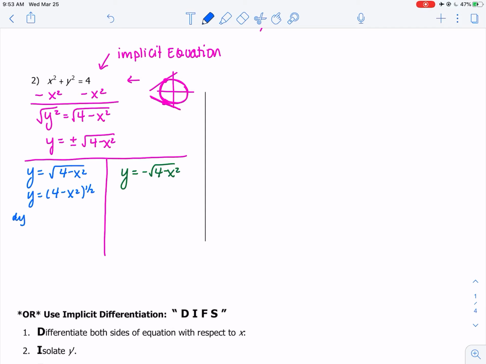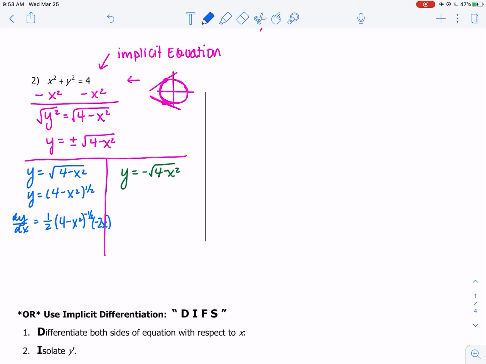If we go to find dy/dx, in this case, we have 1/2 using our power from the exponent times 4 minus x squared to the negative 1/2 power. Just don't forget your chain rule to multiply by negative 2x, the derivative of your inside.